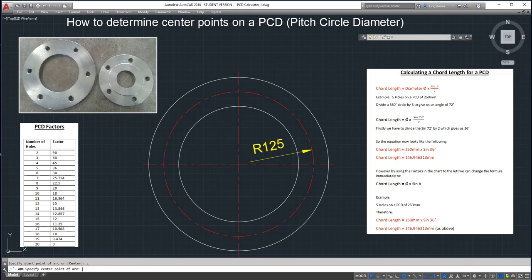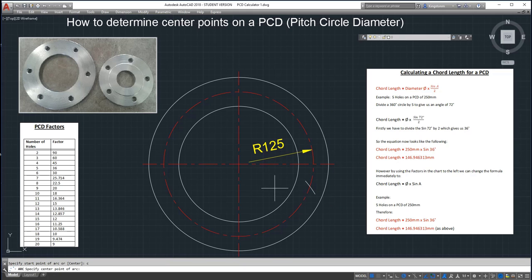I need to set up a center. I'll start at the very bottom. My dimension I'm putting in is 146.946313. You can see it being entered down on the bottom left hand corner on the command bar, and pushing enter for that, I'm just putting a little arc through there. That's how you would do it with a compass.